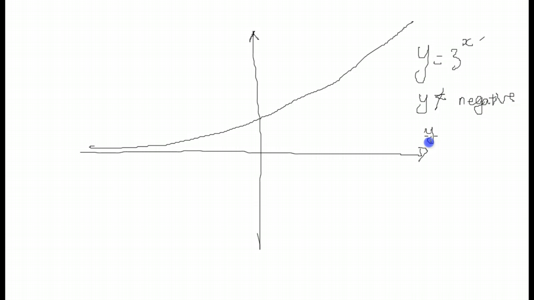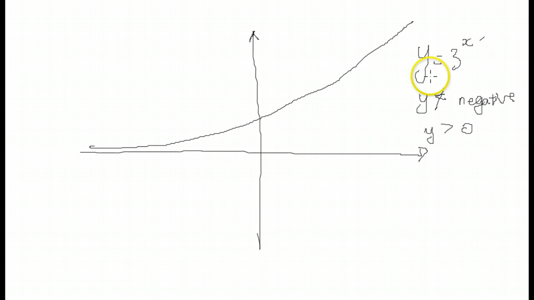Y will definitely be more than 0, because 3 to the power of any number will never give us a negative number. The other thing to take note of for an exponential graph is that the larger the value of x, the rate of increase of y will increase increasingly. It increases at an increasing rate. This is important.